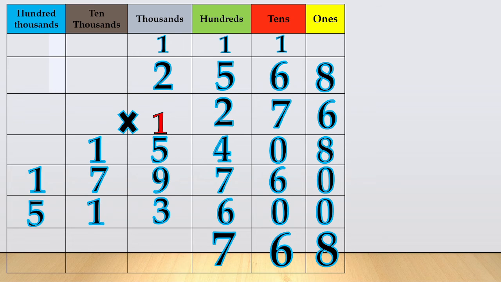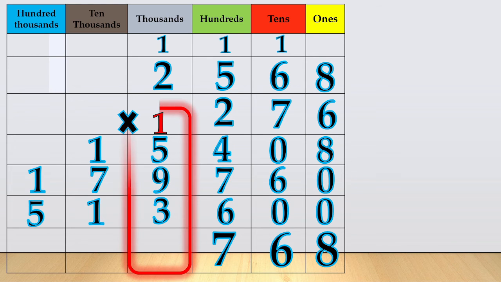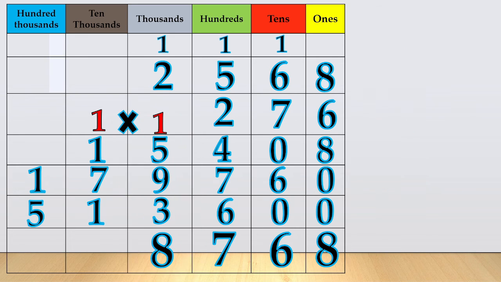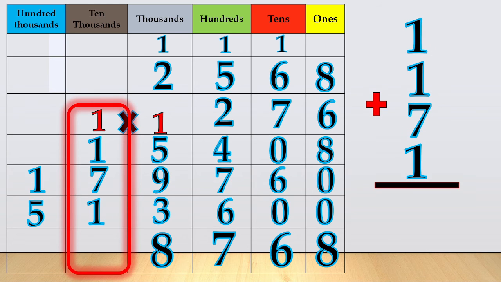Then, we're going to add 1 plus 5 plus 9 plus 3 is equal to 18, which we regroup 10,000 and 8,000s. Now, we are going to add 1 plus 1 plus 7 plus 1 is equal to 10, which we regroup 100,000 and 10,000.